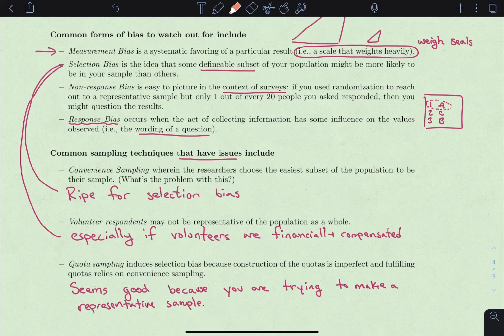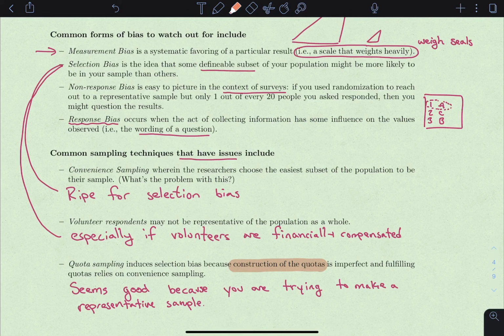But constructing the quotas is always going to be imperfect because there are always going to be more variables to go after. And when you're just trying to fulfill the quotas, you might rely on convenience sampling, for instance.